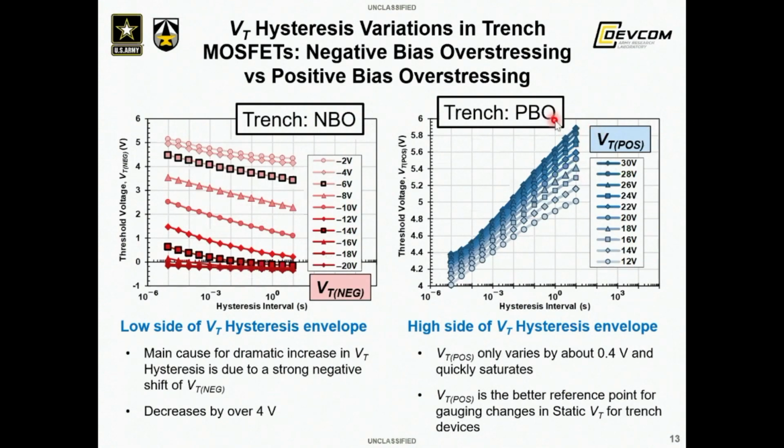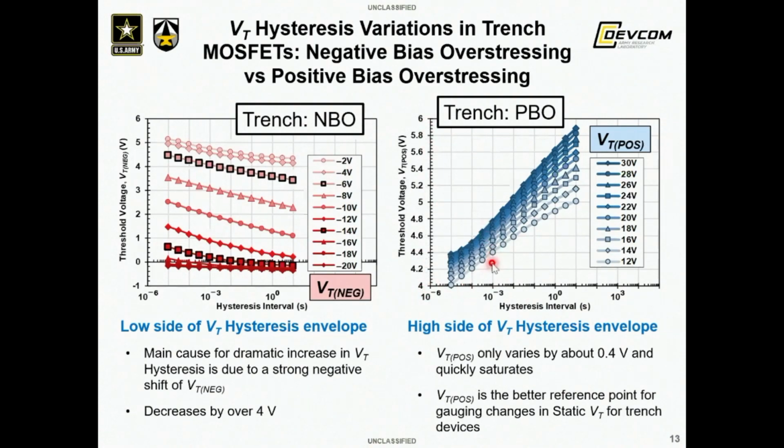In contrast, on the positive bias overstressing, now we're looking at the high side of the VT hysteresis envelope, VT pos, for a whole range of positive biases applied. And here it's important to note that the voltage scale is different. It's a 7-volt scale for the negative bias overstress to show the full range of variation versus only a 2-volt range here.